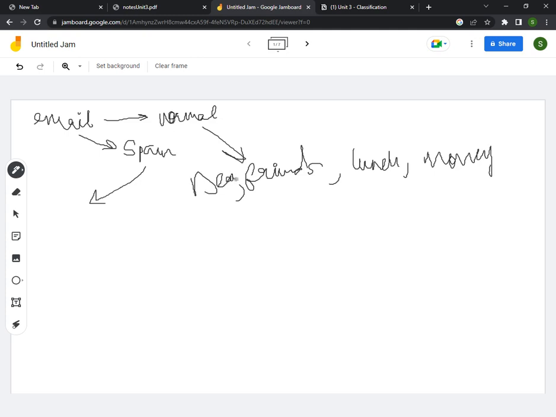So these are four keywords that are generally present in a normal email message. And the same goes for the spam. Inside the spam, there are the same keywords that we have taken here.